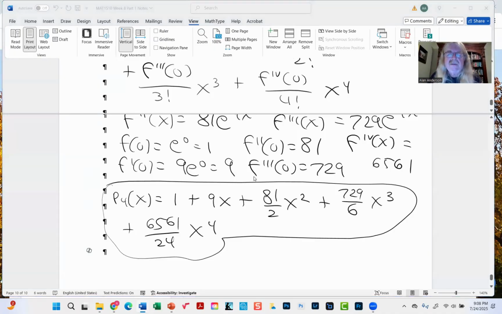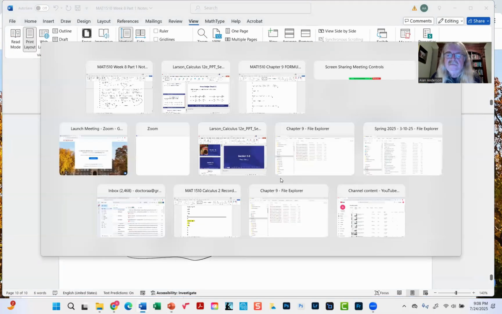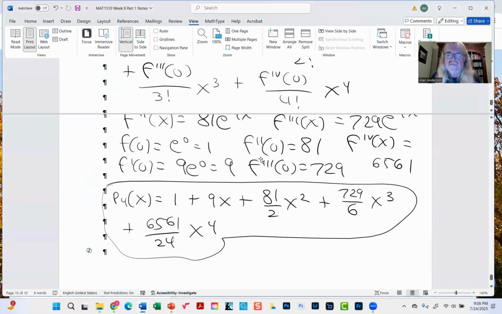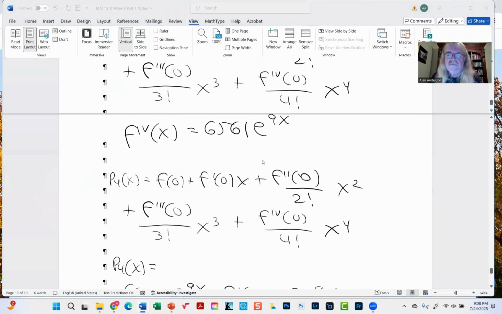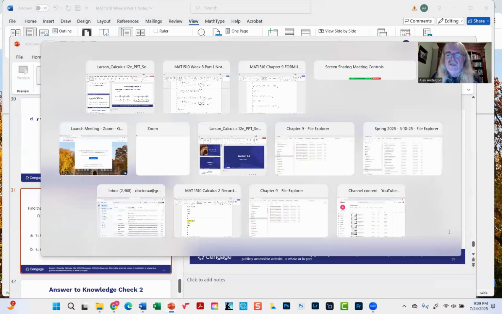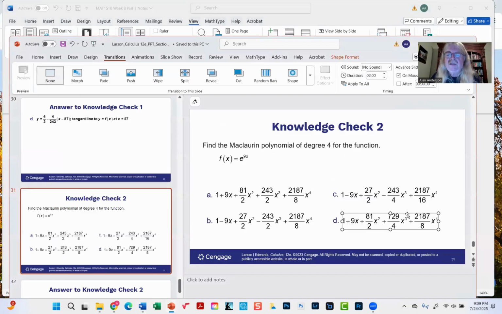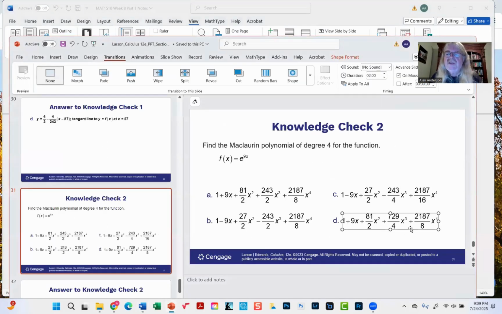All right, so let's see what they offered us. Oh, it looks like it must be this one. 1 plus 9x plus 81 halves x squared plus 729 over, but they've got a 4 there.